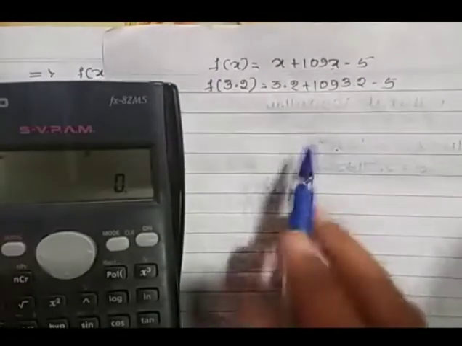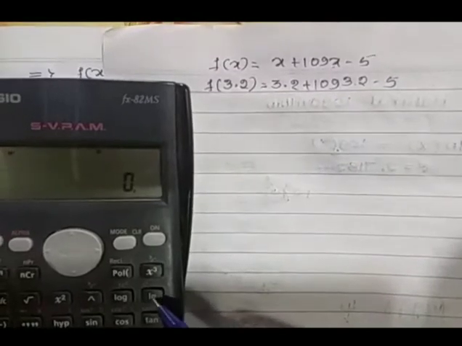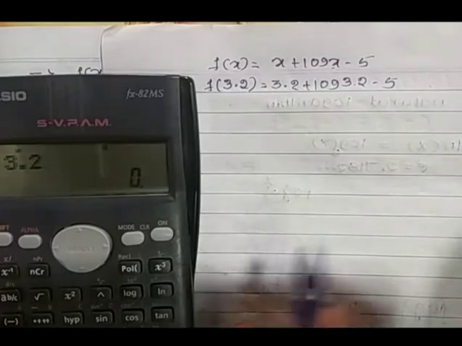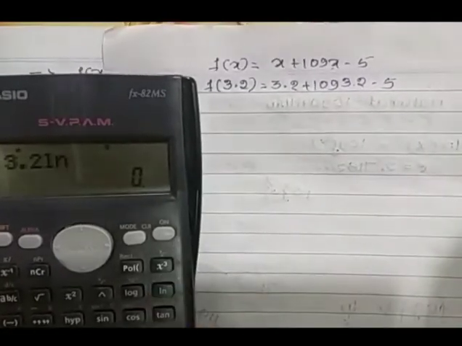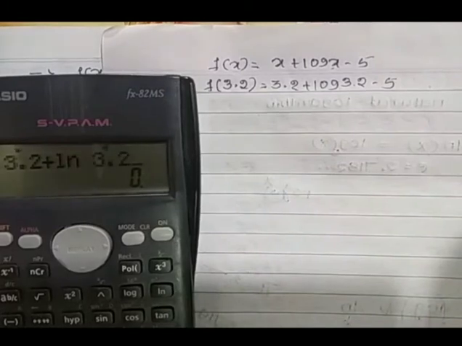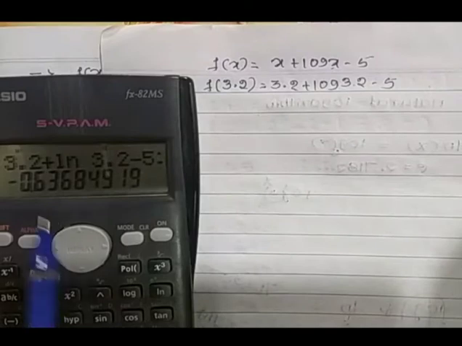In the scientific calculator, as I have told, instead of log 3.2 directly we have to use this ln button. So 3.2 plus ln 3.2 minus 5, and this is equal to minus 0.6368.